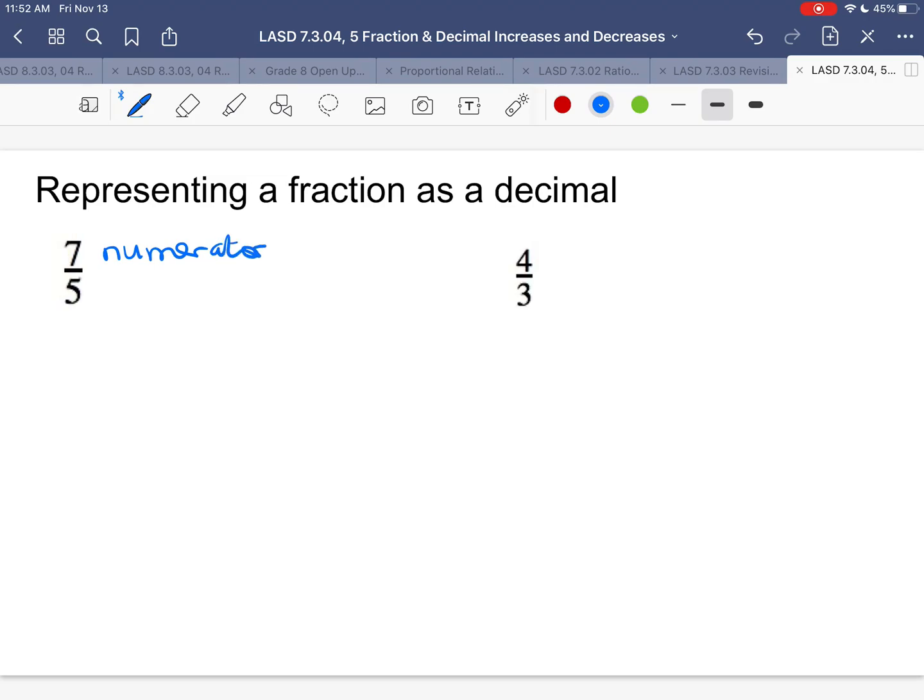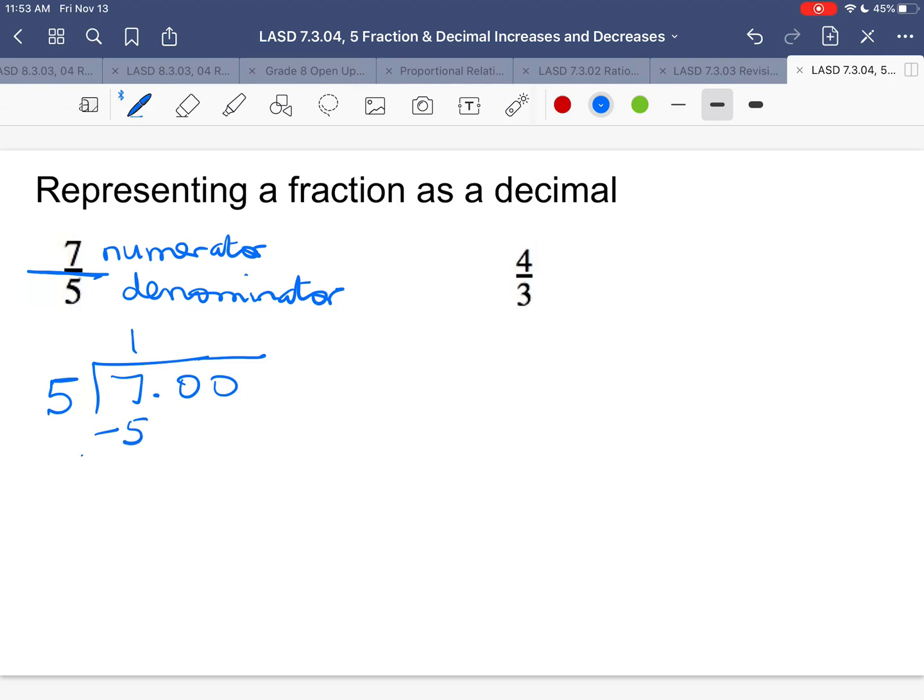the numerator is the number above the fraction bar in your fraction, and the denominator is the number below. And to represent a fraction as a decimal, we divide the numerator by the denominator. So 7 divided by 5. I'm going to write 7 like this. So 7 divided by 5 goes once, subtract 5.